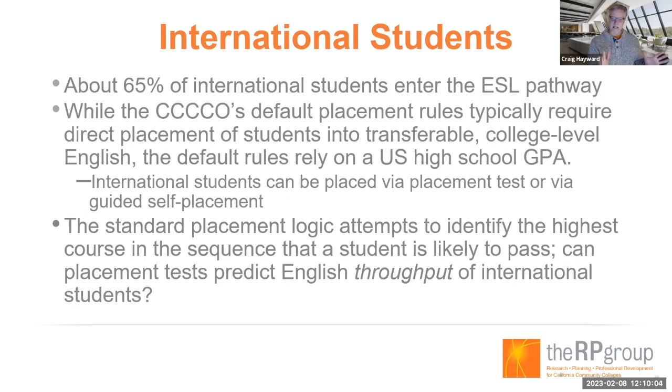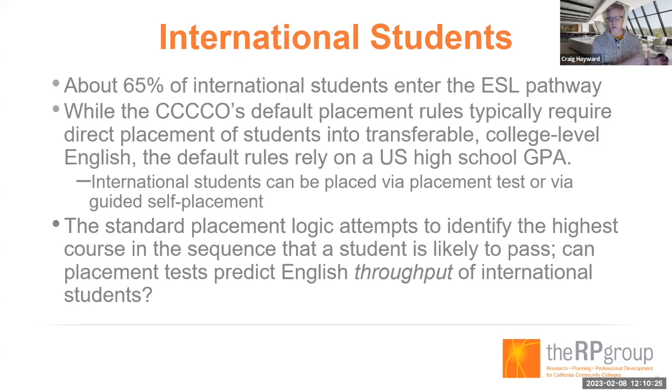That's the classic way of looking at assessment and placement. In this approach, which is really just an exploration, a novel way of looking at the value of placement tests, we're attempting to assess what these tests tell us about the likelihood of English throughput.